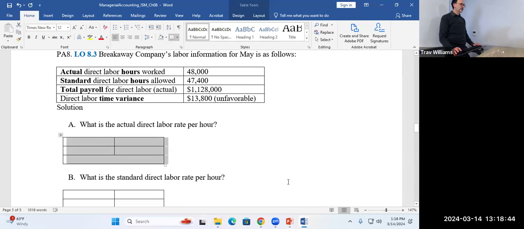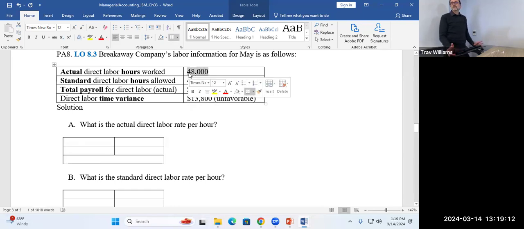Who can tell me, how can we figure out the actual direct labor rate? Which labor hours would it be, Audrey? Exactly. If we take the actual cost of labor divided by the actual hours that were worked, that will give us the actual rate. It makes sense, right?